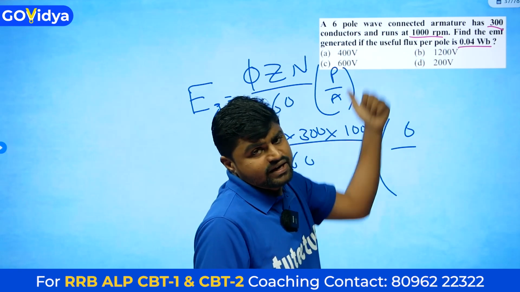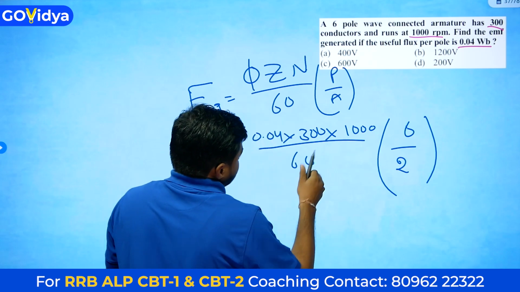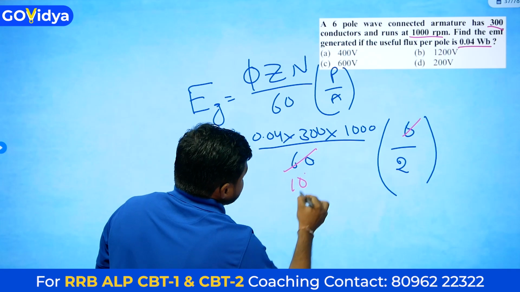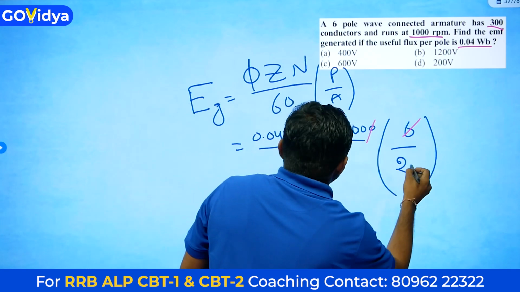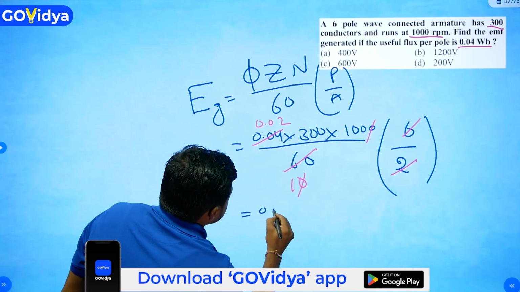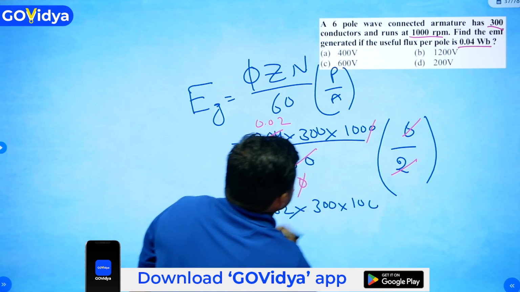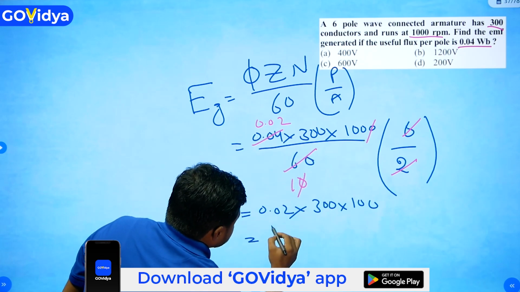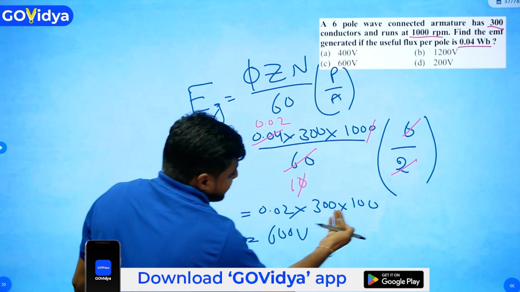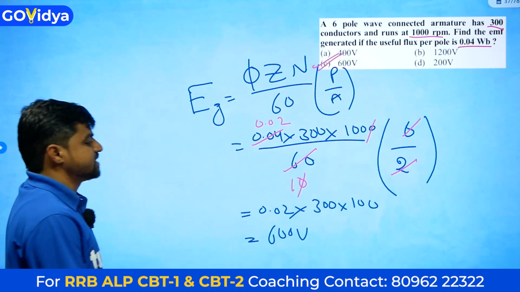Here for wave winding, parallel paths is always 2. So 6 by 2 is 3. Simplifying, we get 0.02 into 300 into 100, which is 600 volts. From the options, option C is the correct answer. Next question.